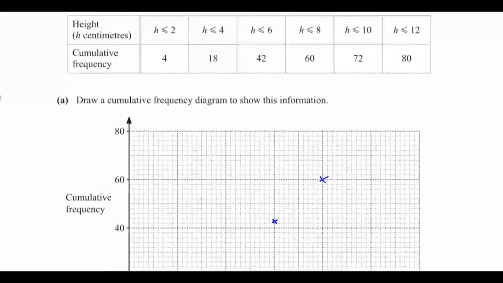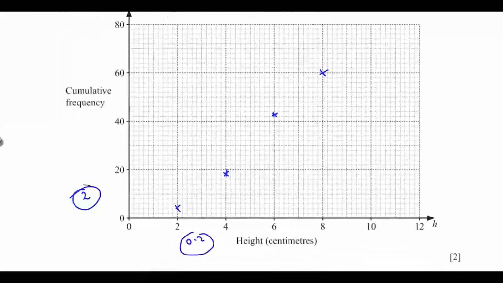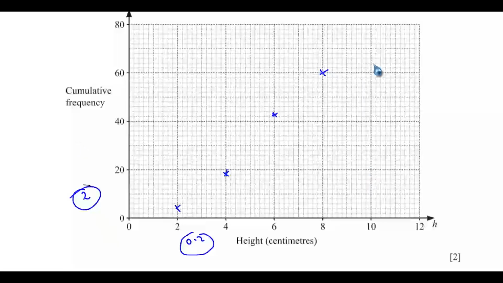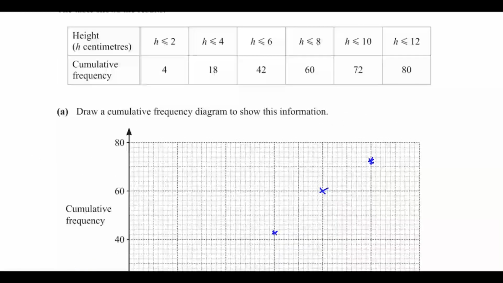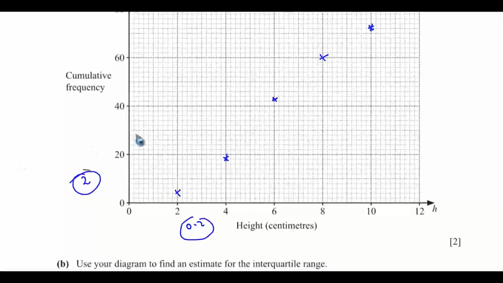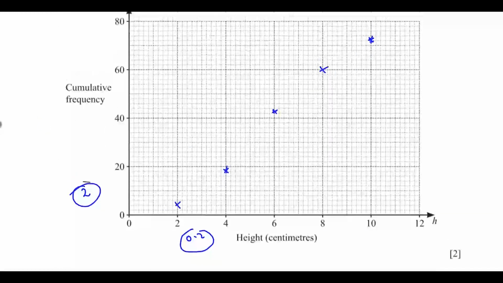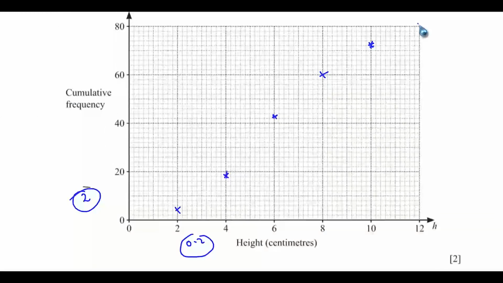And 10 against 72, so the middle is 70, then 2, that will be this spot. And another one there will be 12, and that is 80, 12 against 80, so it will be here.